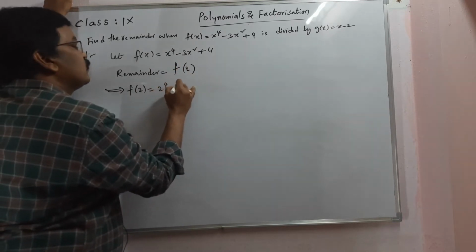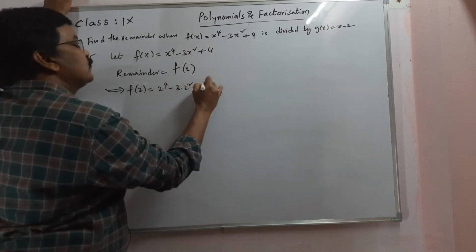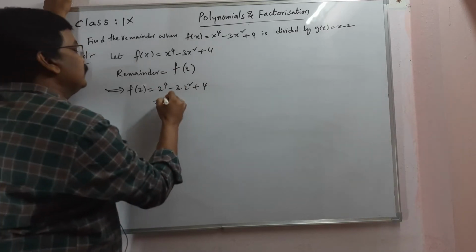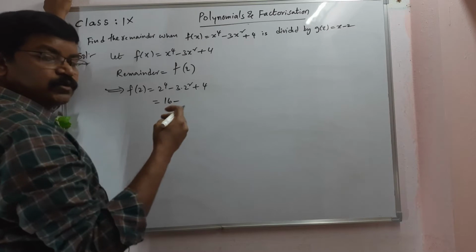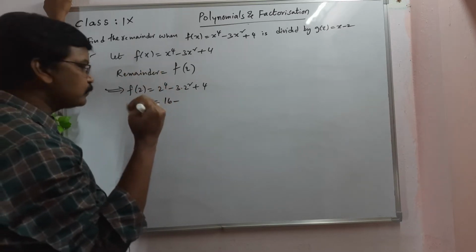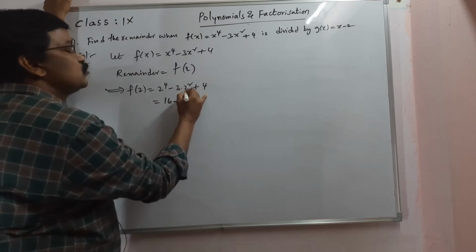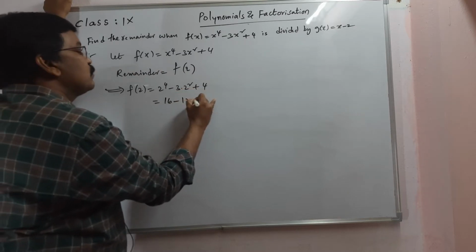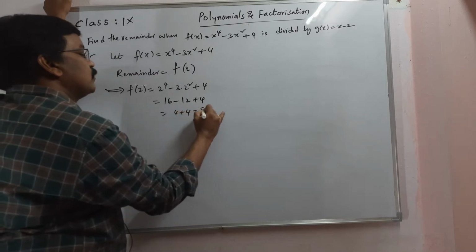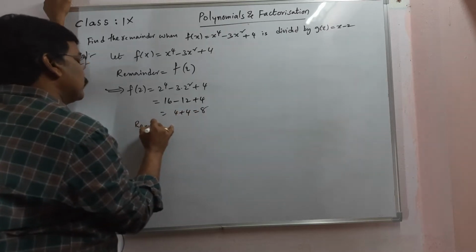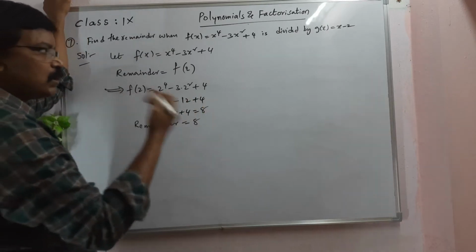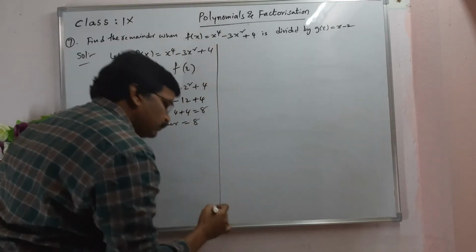That means 2 to the power of 4 minus 3 into 2 square plus 4. 2 to the power of 4 means 16: 2 2s are 4, 4 2s are 8, 8 2s are 16. 2 square is 4, 4 into 3 is 12, plus 4. 16 minus 12 is 4, 4 plus 4 is equal to 8. So what is the remainder, students? 8. Now we do the actual division.